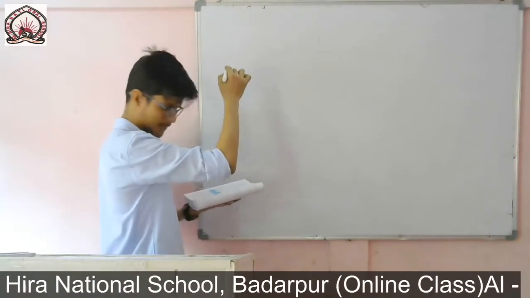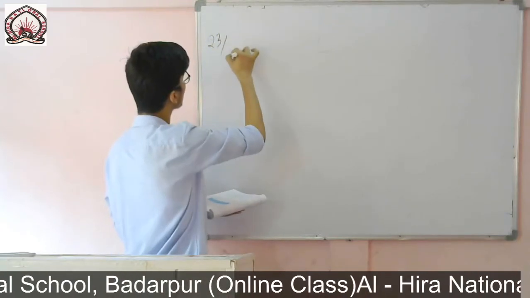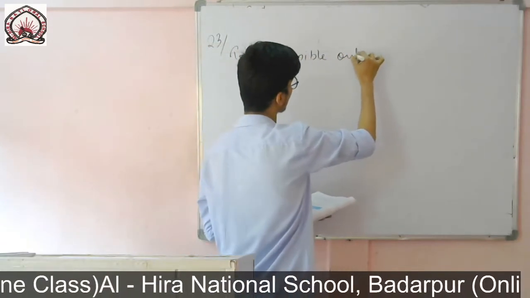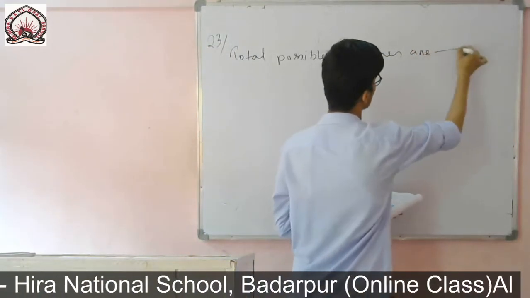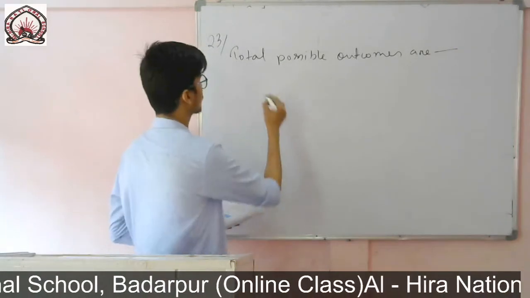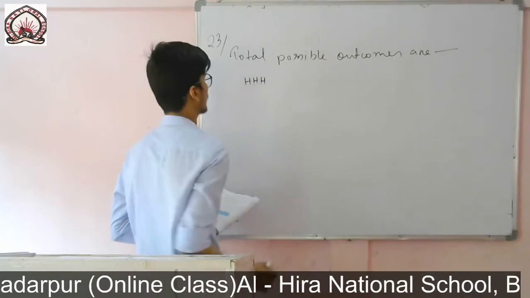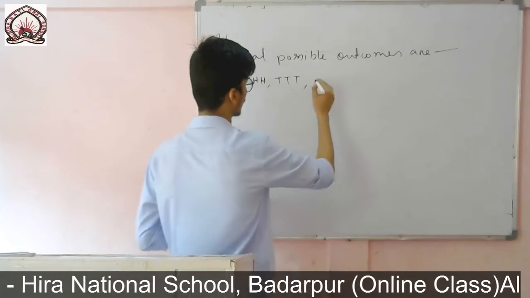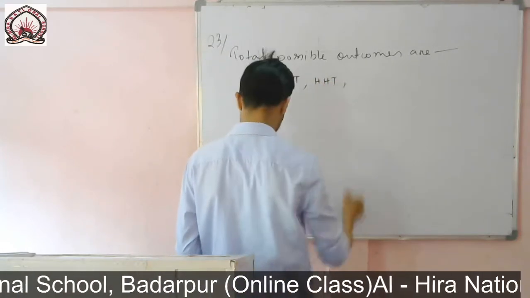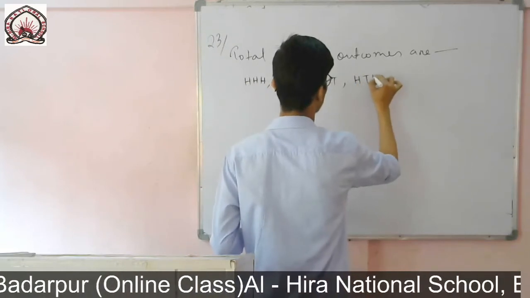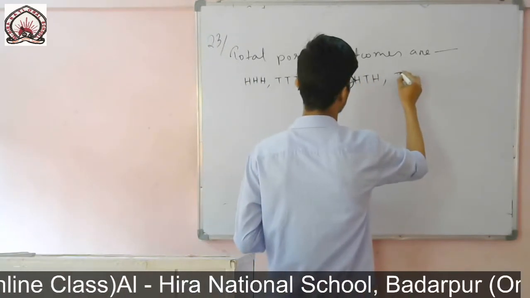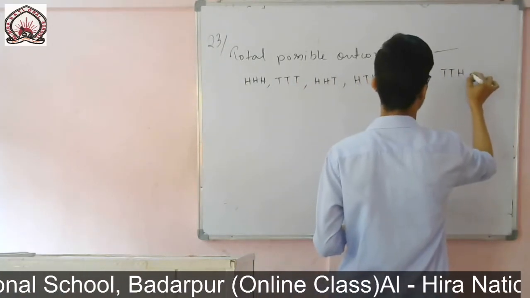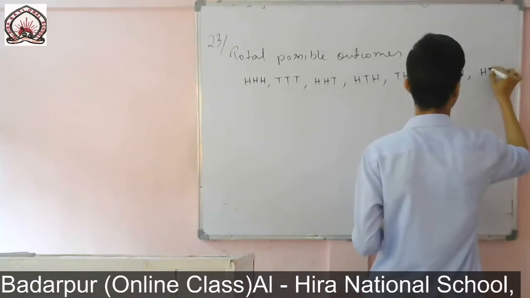Question number 23. Total possible outcomes are: in 3 tosses you may get head 3 times, then 3 times tails also you may get, then 2 heads 1 tail, head tail head, or tail head head, or 2 tails 1 head, 1 head 2 times tail.